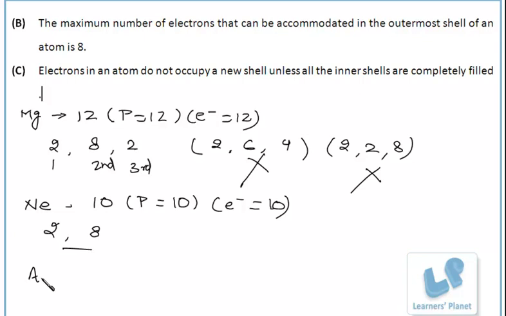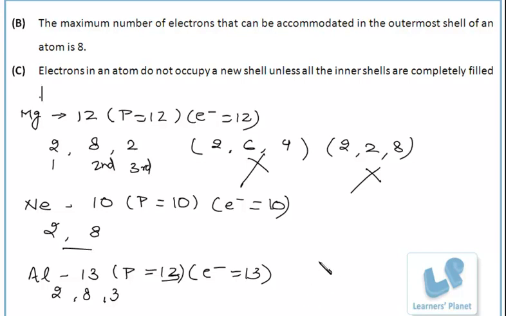Let's take up the example of aluminium here. The atomic number of aluminium is 13. That is, the number of protons will be 13, and also the number of electrons will be 13. So what will be the configuration? It will be 2, 8 and 3.